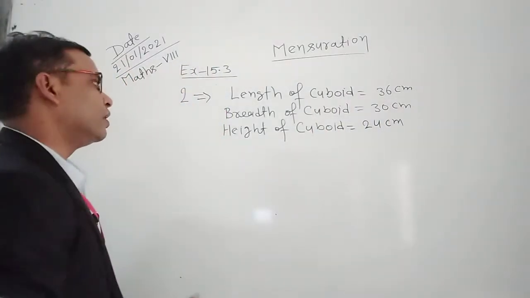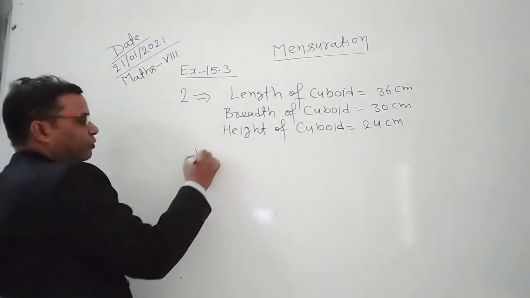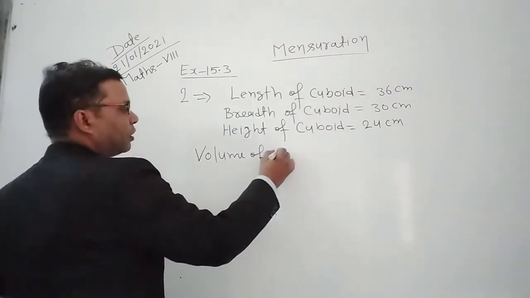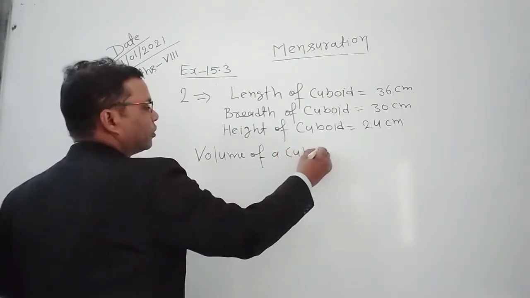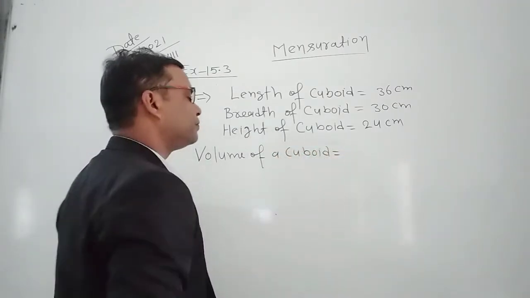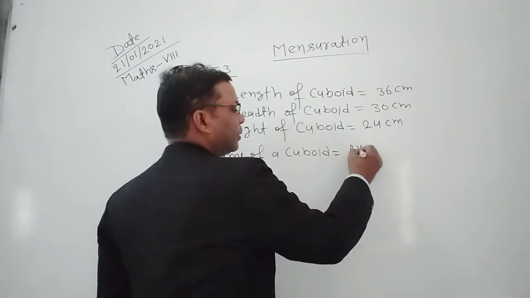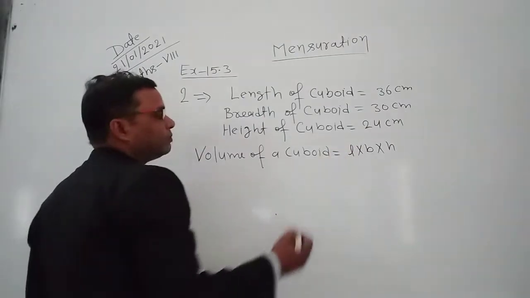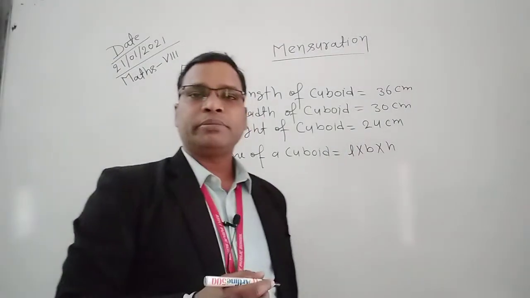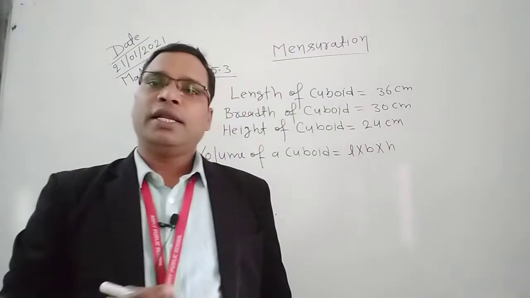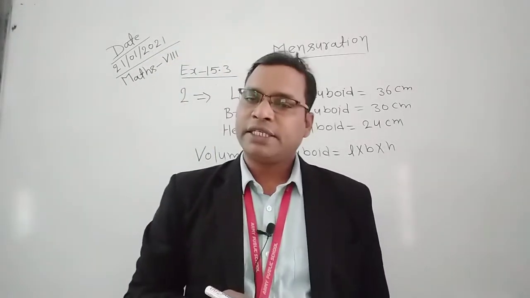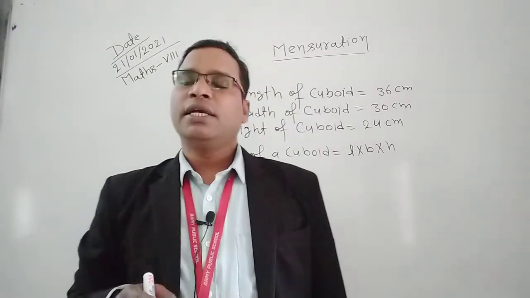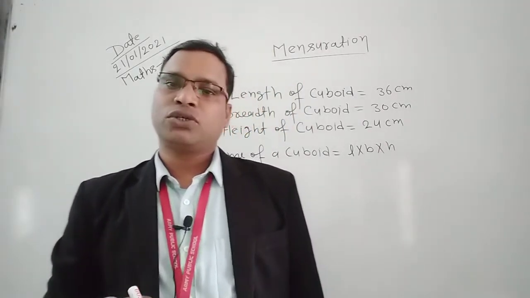This is clear. So volume of a cuboid is equal to length into breadth into height. Here L represents length, B represents breadth and H represents height of the cuboid. Length, breadth and height of the cuboid are given as 36 centimeter, 30 centimeter and 24 centimeters. If you multiply, then we get the volume of cuboid.